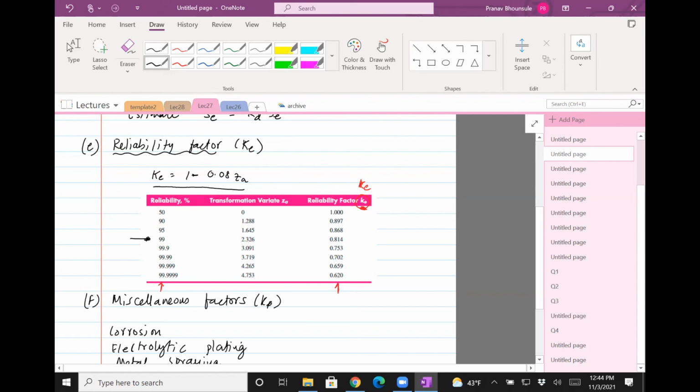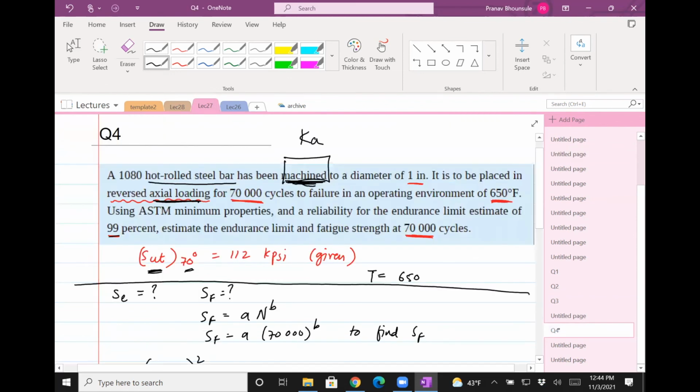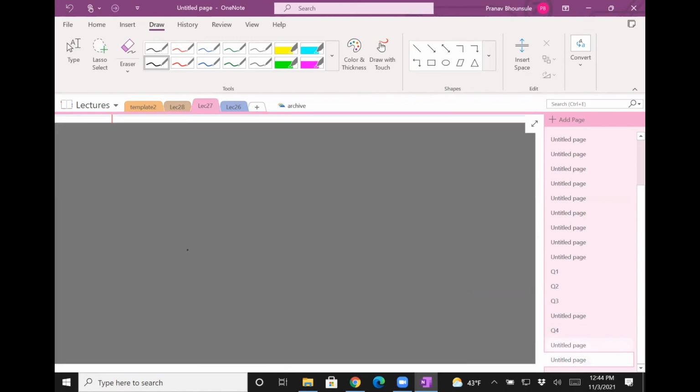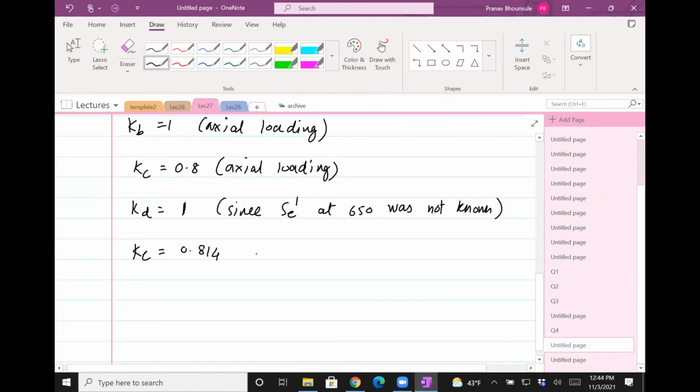Actually, I should have mentioned it in the problem. So in this case, the reliability factor is 0.814. It's given here, 99%. So 0.814 is what I need to use for KE, for 99% reliability.